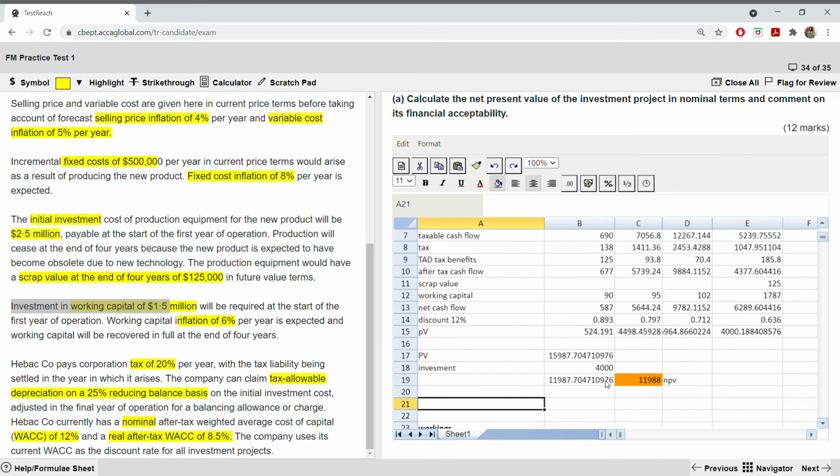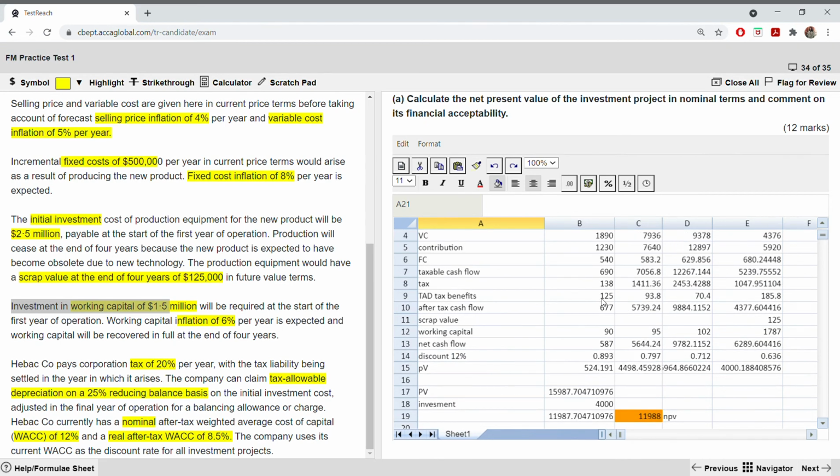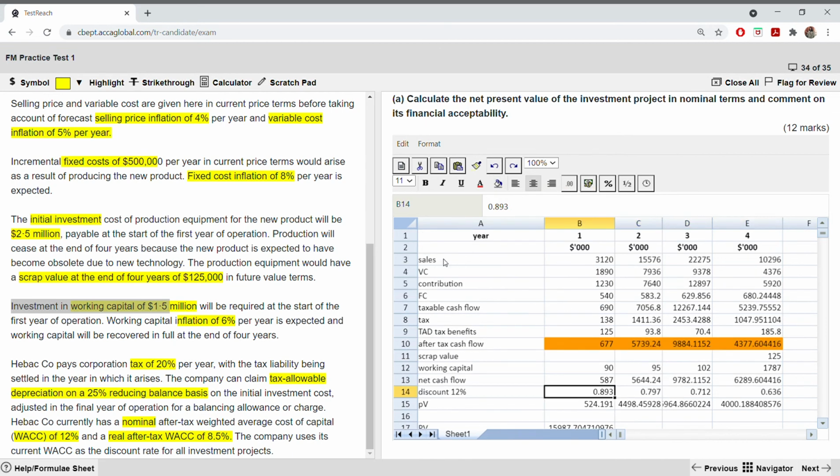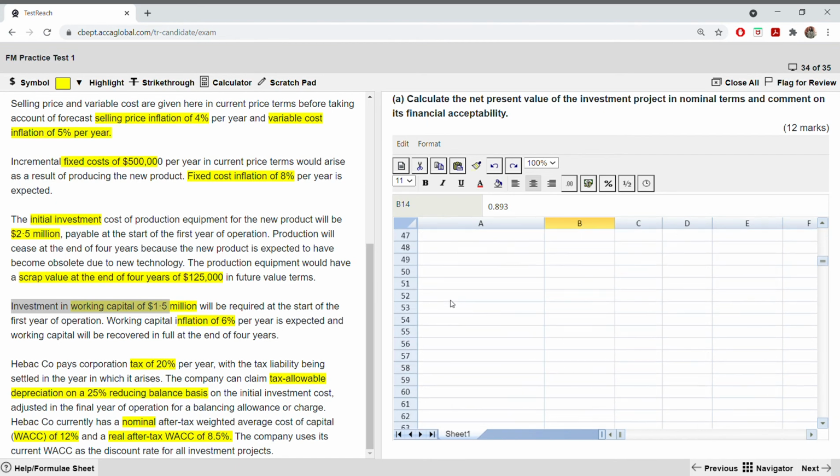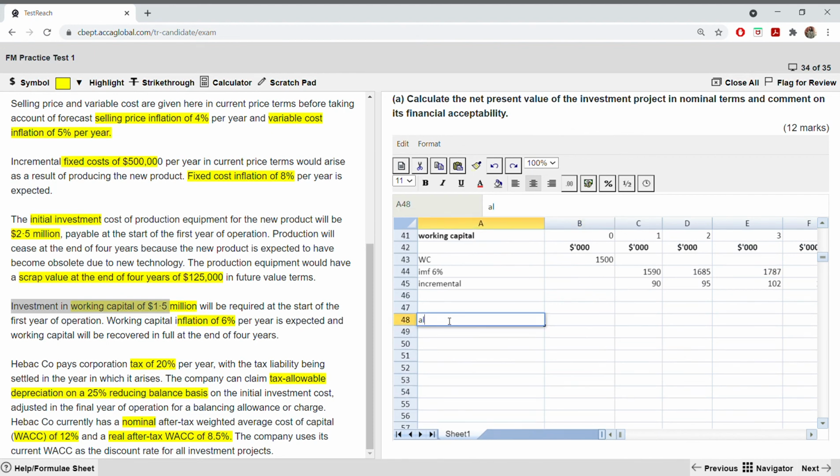After tax cash flow is this one, okay? There is an alternative way to find it rather than using all the sales, variable cost, contribution and all. What is it? Alternative way is taxable cash flow, okay?